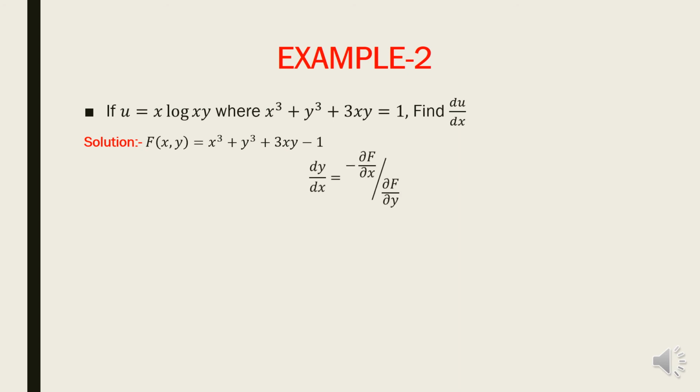Dy by dx is equal to minus dF by dx upon dF by dy. So minus dF by dx, that means 3x square plus 3y, upon dF by dy, that means 3y square plus 3x. So dy by dx we get minus x square plus y upon y square plus x.